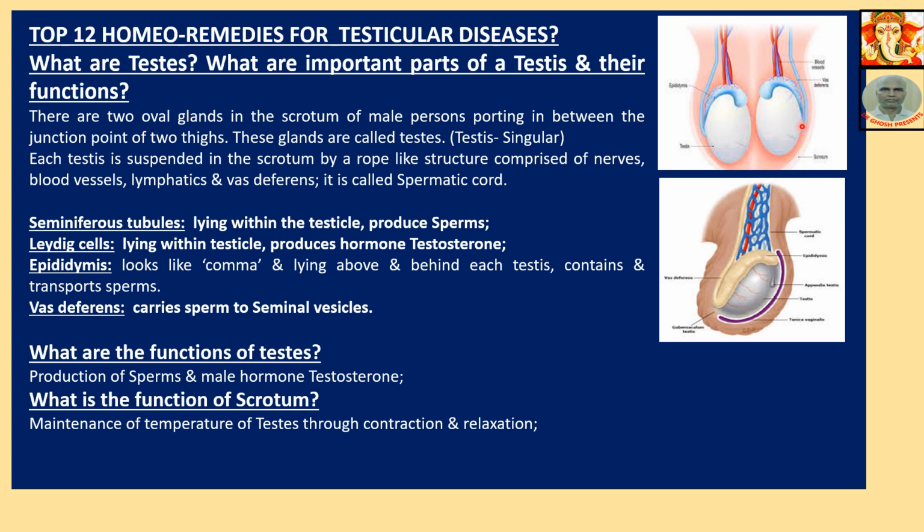A particular temperature range must be maintained, otherwise sperm will not be synthesized. So that's why the scrotum controls the temperature of the testis, so that sperm synthesis goes on healthily.